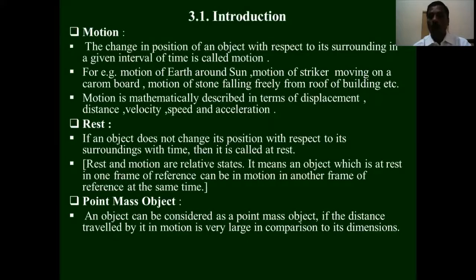Means if that object covers a large distance with respect to its dimension, then such object is considered as the point mass object. So here you will find what is the motion, when we say object is at rest, and what is the concept of point mass object.